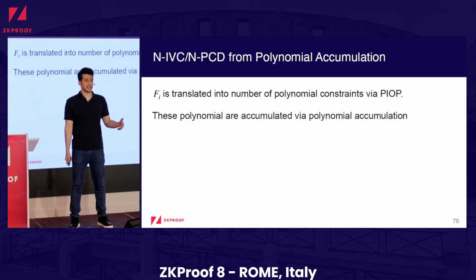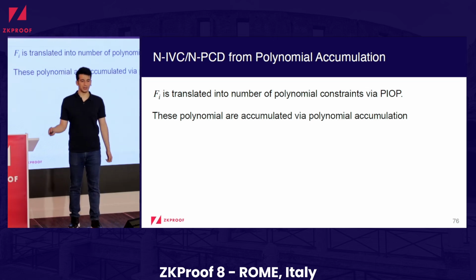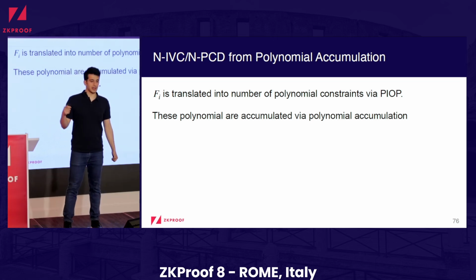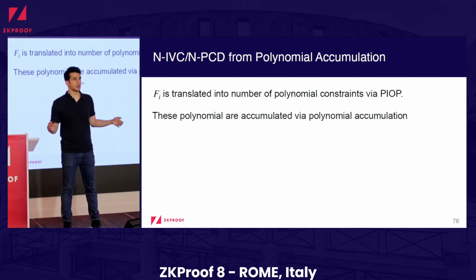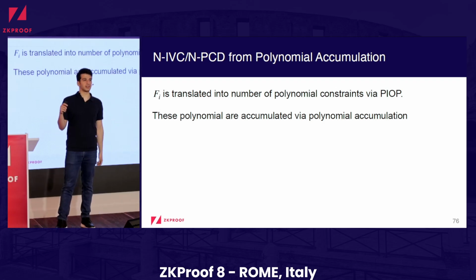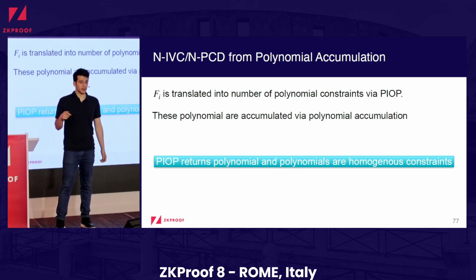Our approach is that we translate each function f_i into a number of polynomial constraints via the PIOP, and then these polynomials can be accumulated even though the initial functions f_i were not identical. That's because polynomials are homogeneous constraints.